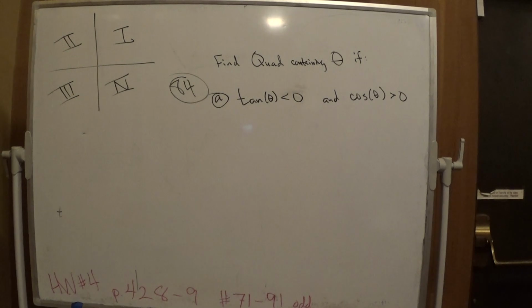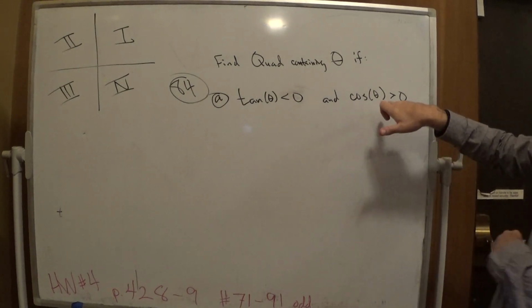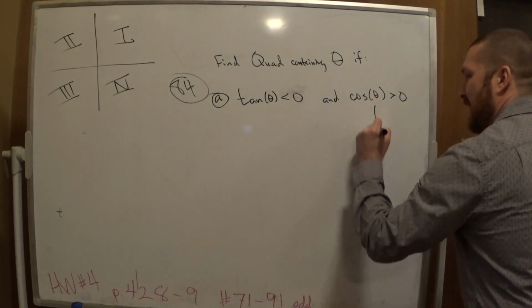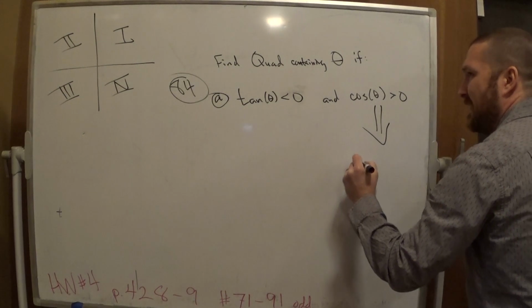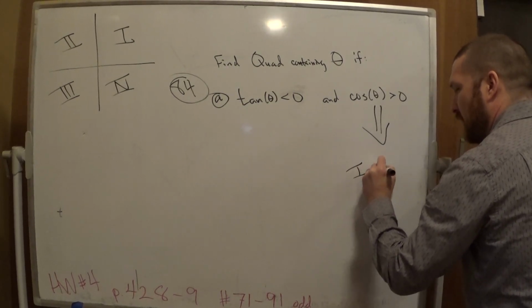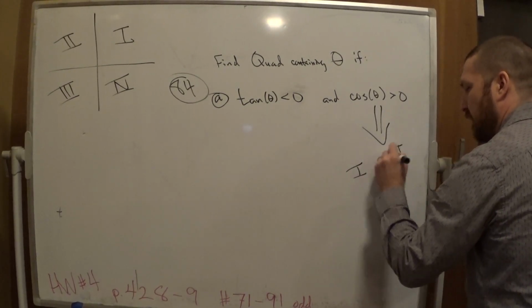Cosine corresponds to either the x or the y. Which one is it? The x. So it's on the right. So if cosine is positive, that implies that it's either 1 or 4.